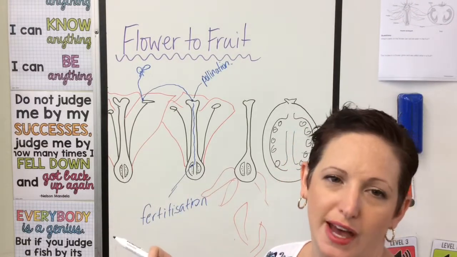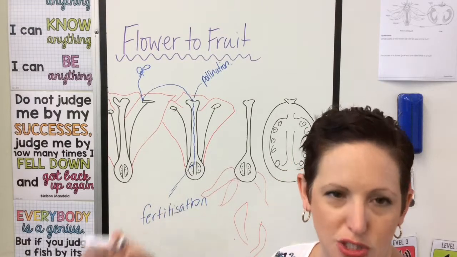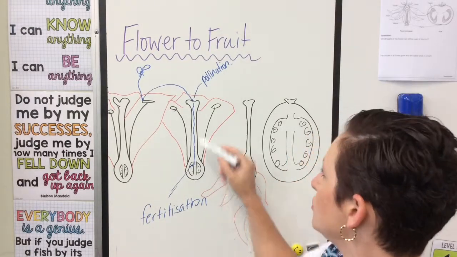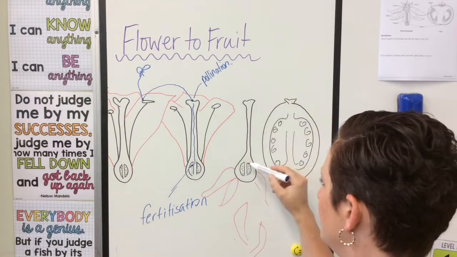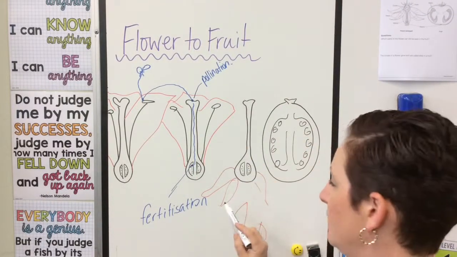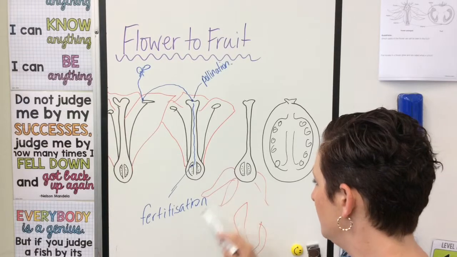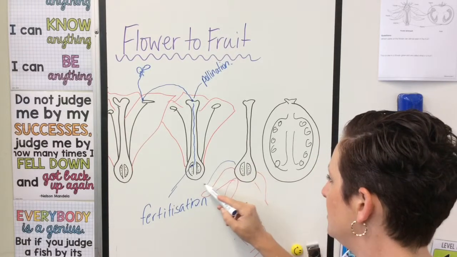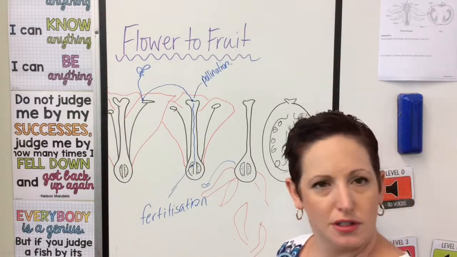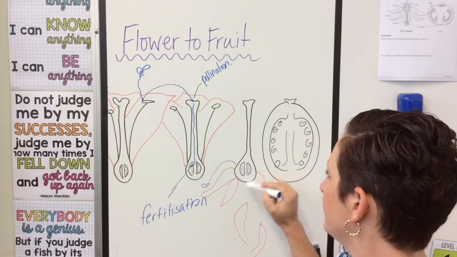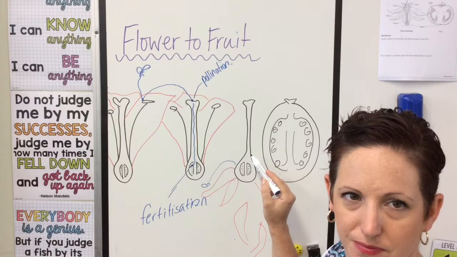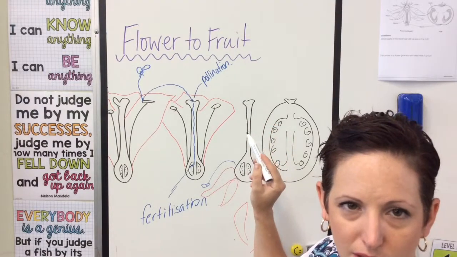Now the flower or the plant is going to start to grow the fruit. All right, so once this occurs, the next stage is all of the petals and the stamens all fall off. Okay, and then all that's left is a little tiny bulb here and a style and the stigma on the top.